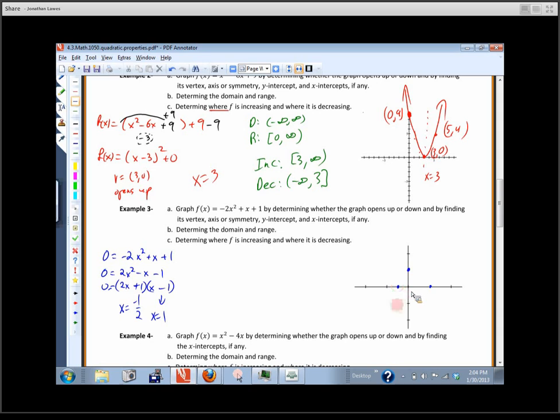If it goes through this point and then this point over here, wouldn't it have to look something like this? It would, wouldn't it? Okay. Let's see. Any ideas now? It does open down because of that. Are we comfortable just doing this?